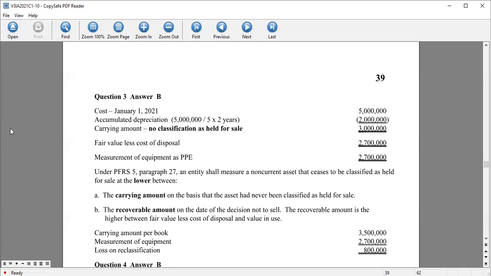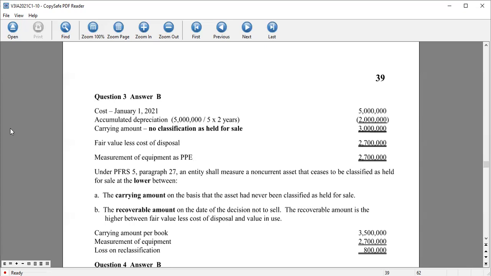So the measurement of the equipment on December 31, 2022 is only 2.7 million, while the carrying amount per book is in the amount of 3.5 million. So we have now the loss on reclassification equal to 800,000. Now that's number 3. So question number 3, the answer is letter B.